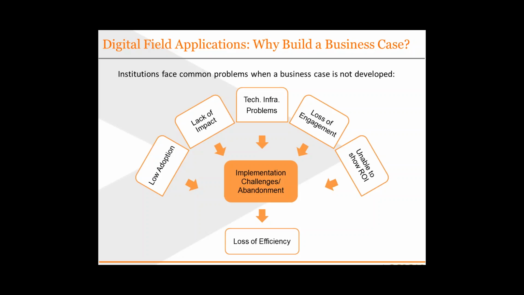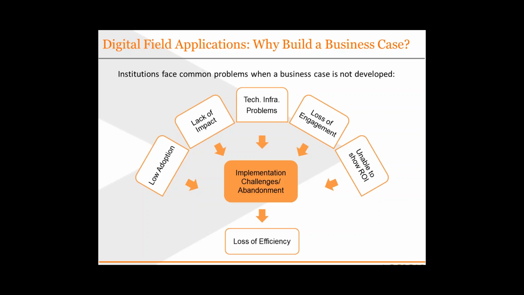So the main reason for building the business case, or at least performing some kind of feasibility analysis before embarking on implementing, is to avoid some of these common problems that you see here, which can result in low adoption or even abandonment of the solution. And really, a lot of these problems can be avoided by having a clear understanding going in of what the implementation will entail.